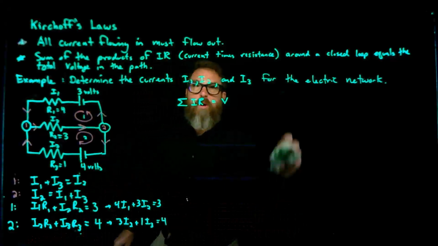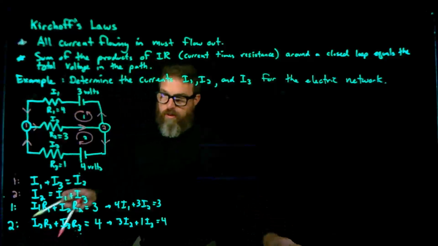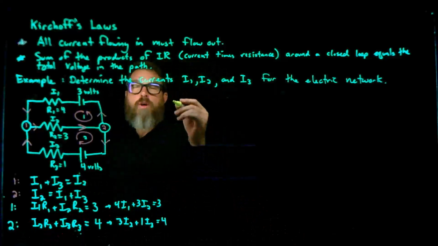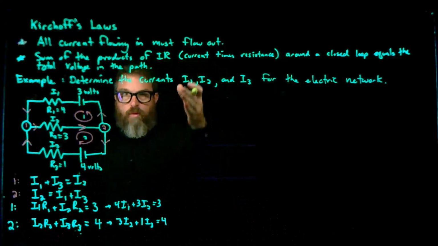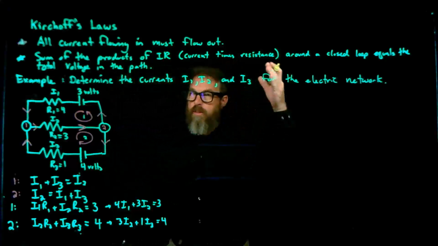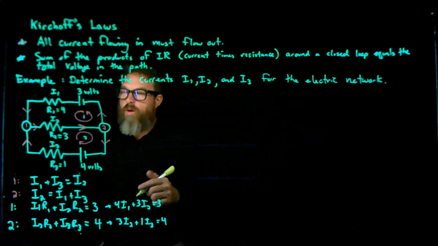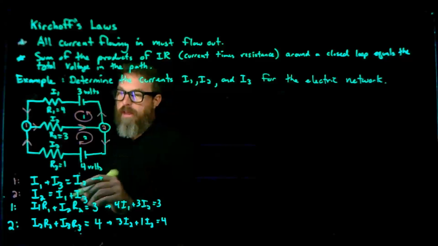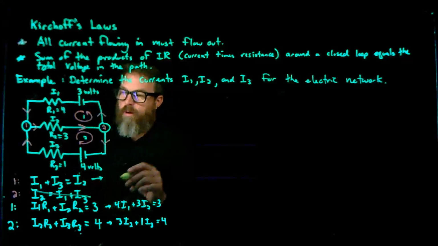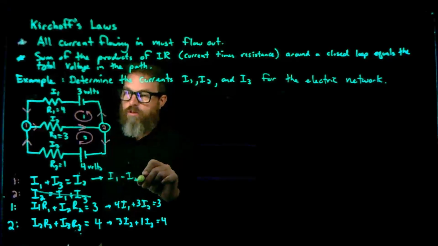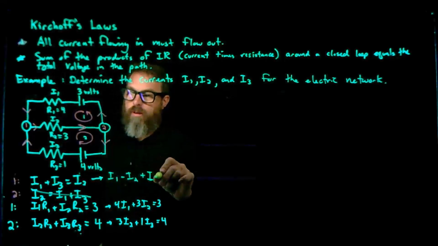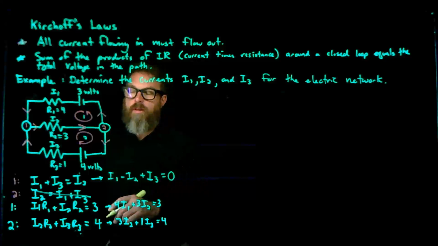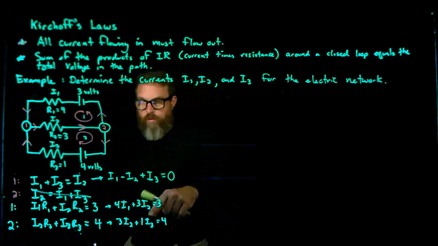Okay, so what I have is some systems of equations here, and let's go ahead and write these things, your I1s, your I2s, your I3s, and then your equals, which are going to be your voltages. So let's rewrite this one. Remember that this one's equivalent, so I don't really need that one. So I can say I1 minus I2 plus I3 is equal to 0. All right, so now I have 3 equations, 3 variables.